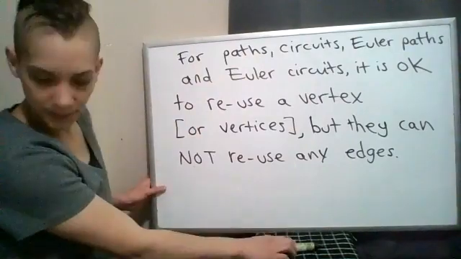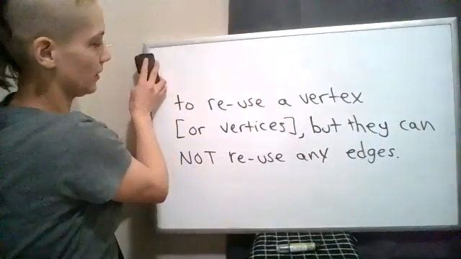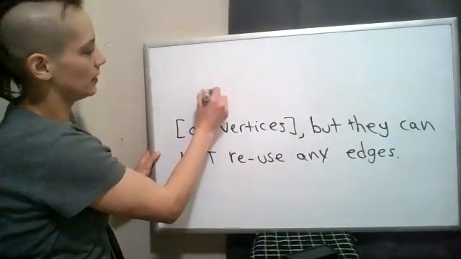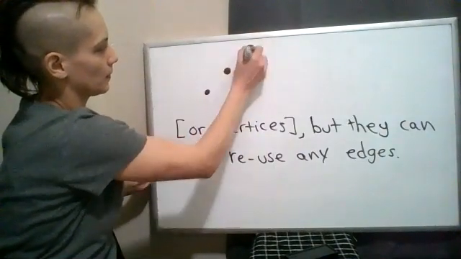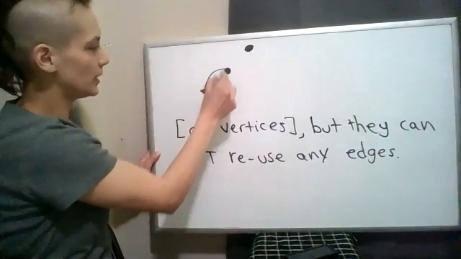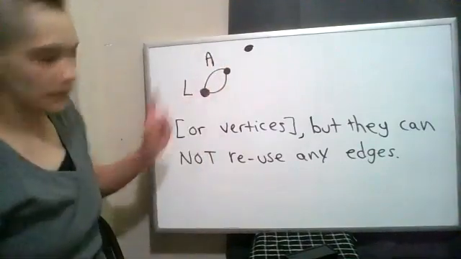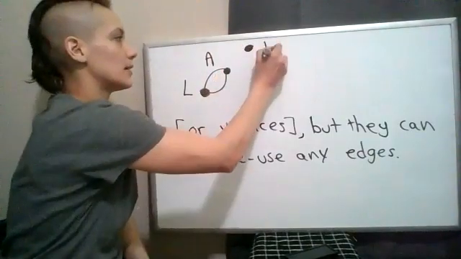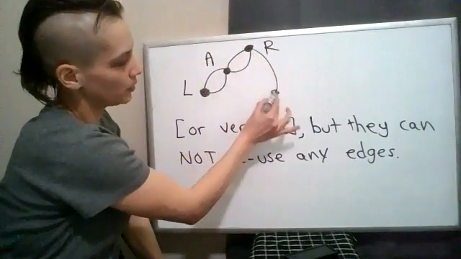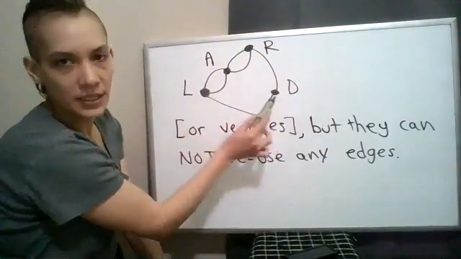So we have multiple edges from here to here between L and A. And it happens again between A and R. Then there's going to be a swoop over to D, which goes around and over, but it doesn't need to be like that.